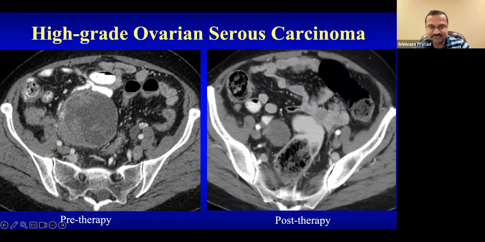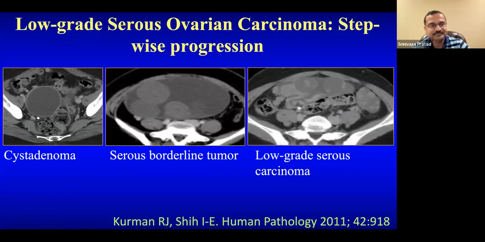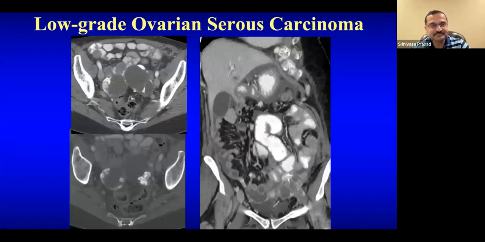mechanism is defective. In contradistinction to the so-called high-grade serous cancers, the low-grade serous cancers arise from precursor lesions such as cystadenoma and serous borderline tumors, and they progress in a stepwise progression, just like you find adenoma to carcinoma sequence in colorectal cancers.